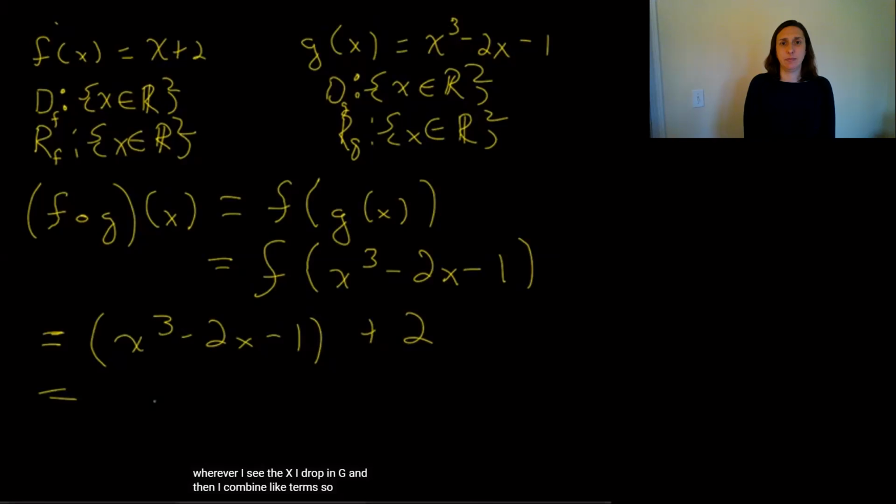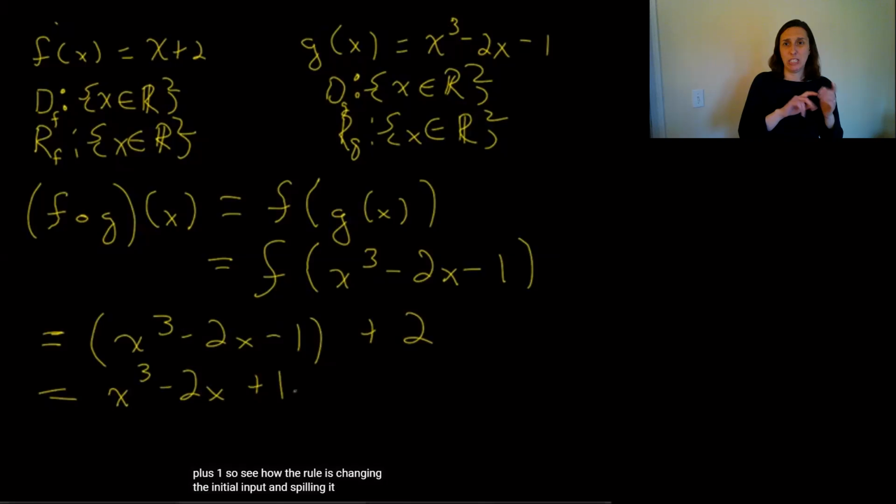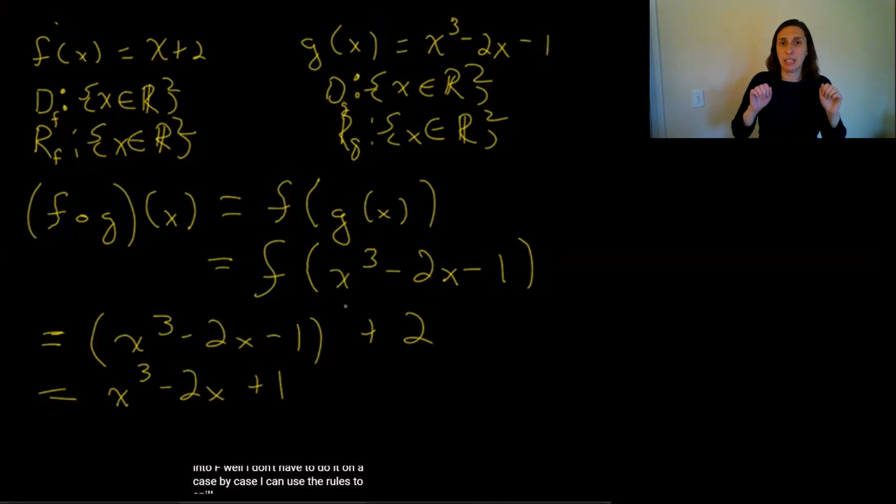So x cubed minus 2x minus 1, and a positive 2 is plus 1. See how the rule is changing the initial input and spilling it into the next function. Whatever g does spills into f. Well, I don't have to do it case by case. I can use the rules to spill into each other.